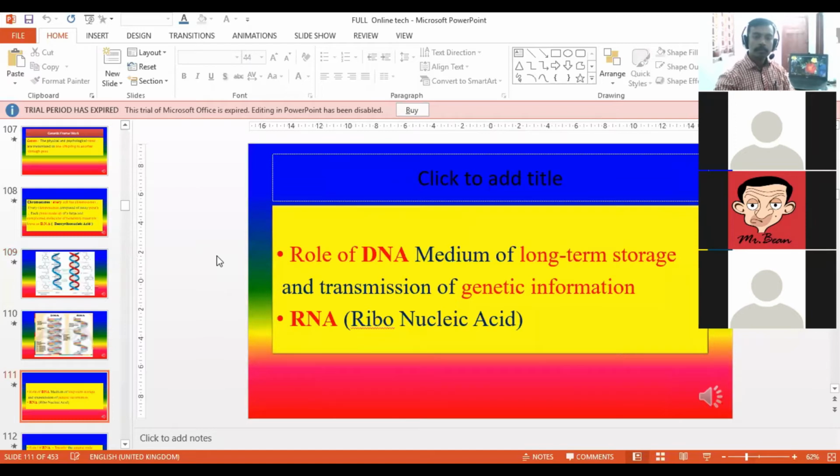Role of DNA: long-term storage of genetic information. RNA means ribonucleic acid.